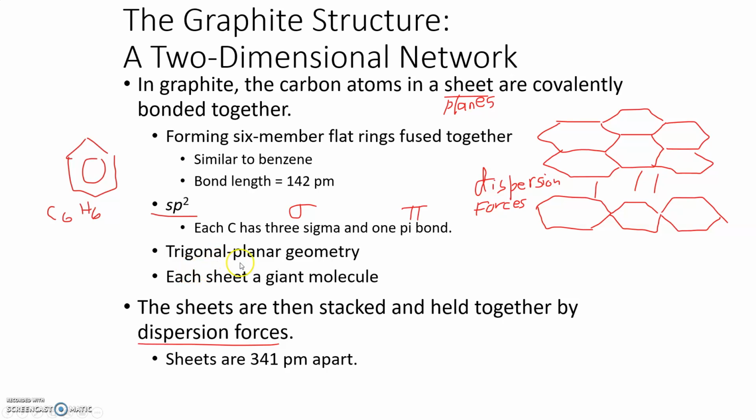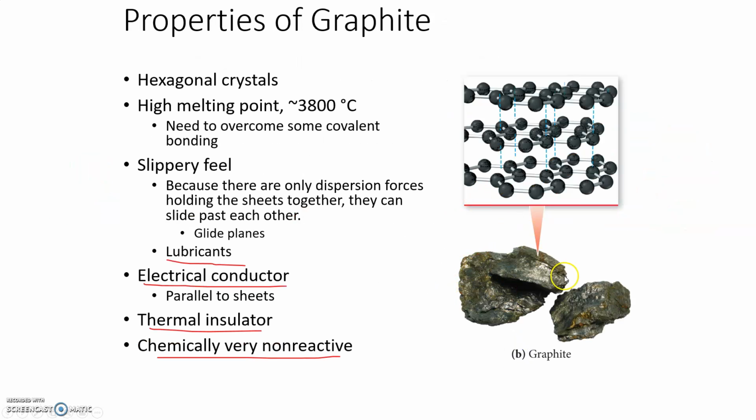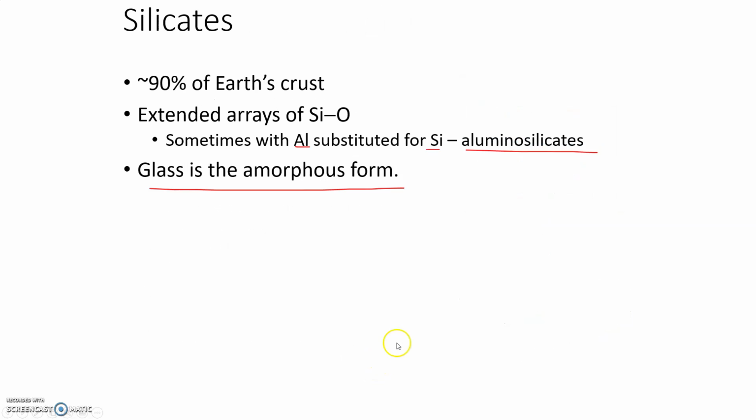The structure is trigonal planar, and all the different planes that make up the graphite are joined together by dispersion forces. Here you can see that's why they are used as lubricants. They are electrical conductors, thermal insulators, and non-reactive.